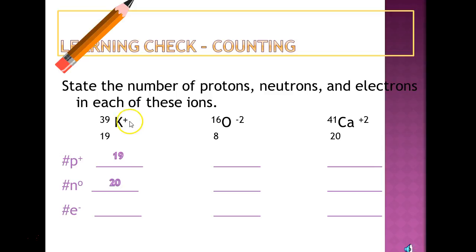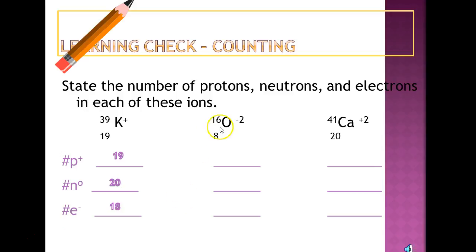This means it has one more proton than electrons because it lost an electron. Before, when it was neutral, it was 19 protons and 19 electrons. It lost one electron to become one more positive charge. So that means it has 18 electrons.